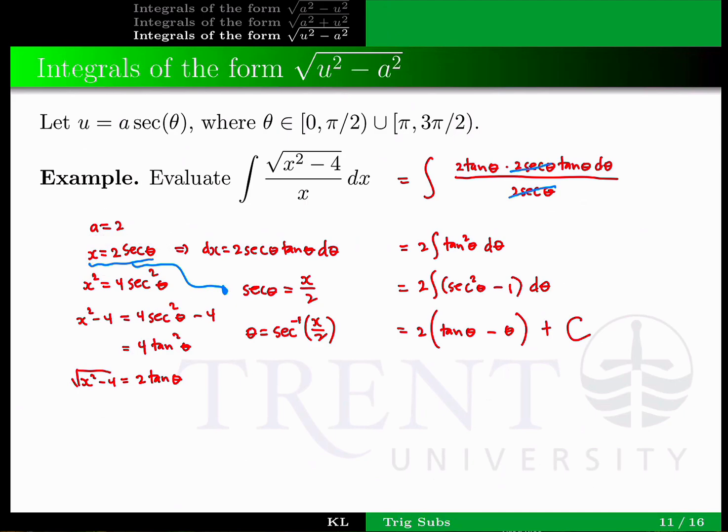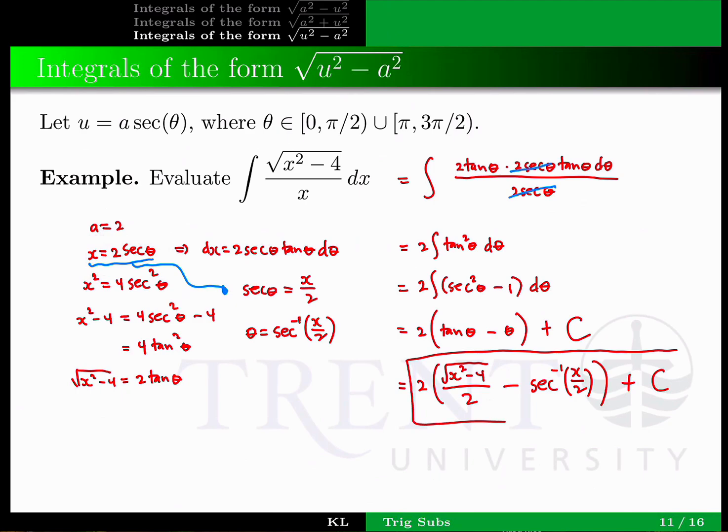Which means the final answer will be 2 times tangent theta, which is the square root of x squared minus 4, and then we divide by 2, minus theta, which is secant inverse of x over 2. And then plus the arbitrary constant c.